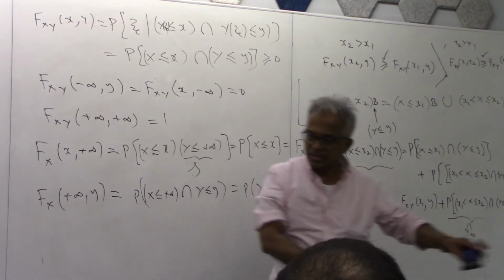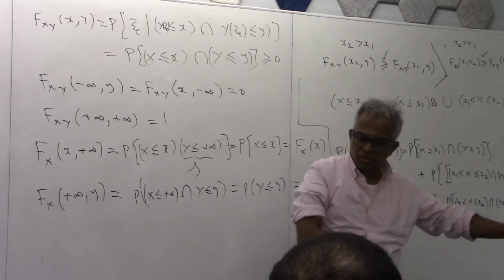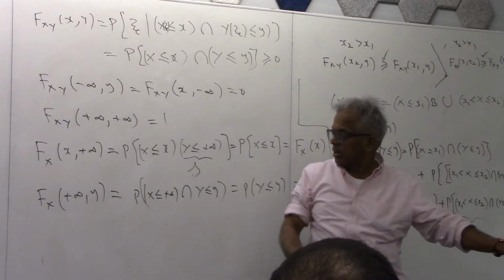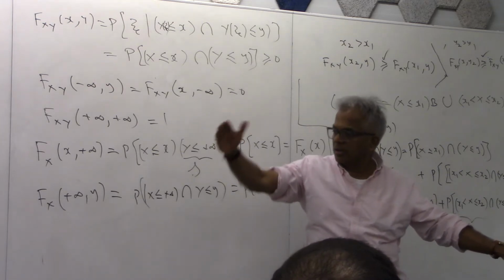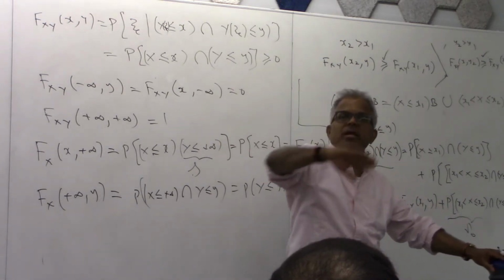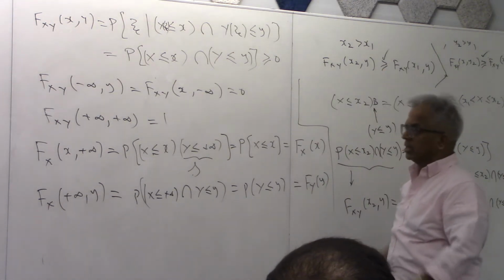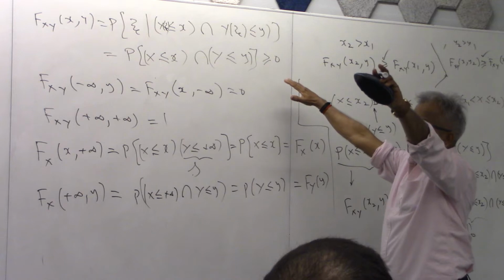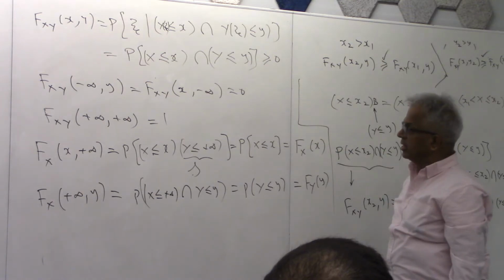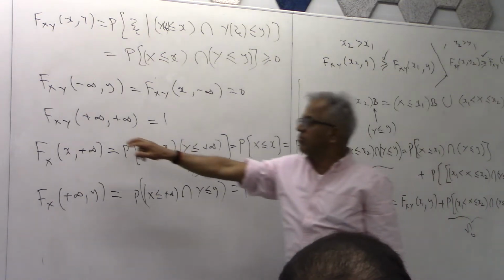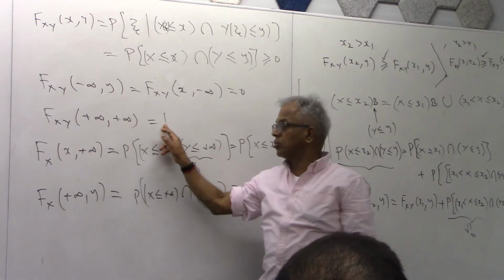So look at this function. It starts from 0, and it never goes down. It goes in any direction, it is non-decreasing, and at infinity, whether in the x direction or y direction, ultimately when both the variables go to infinity, it goes to 1.